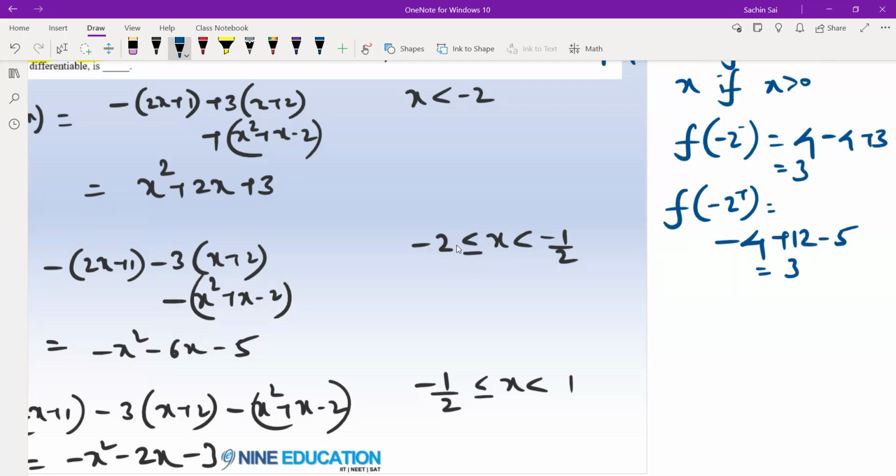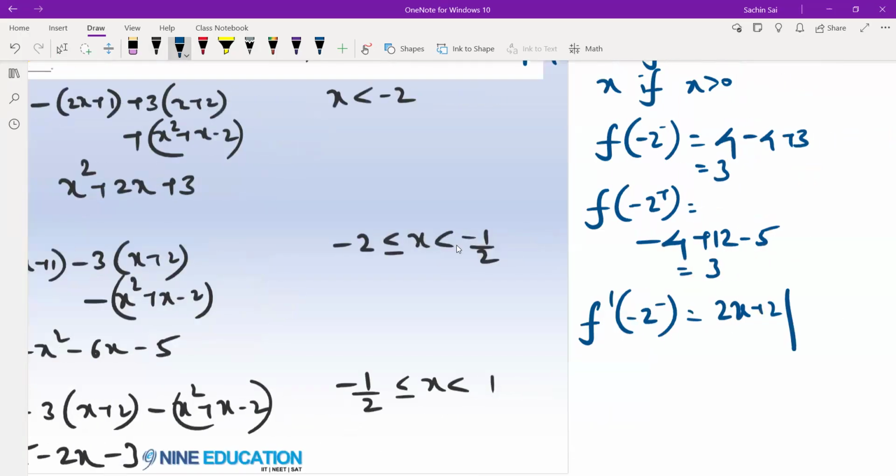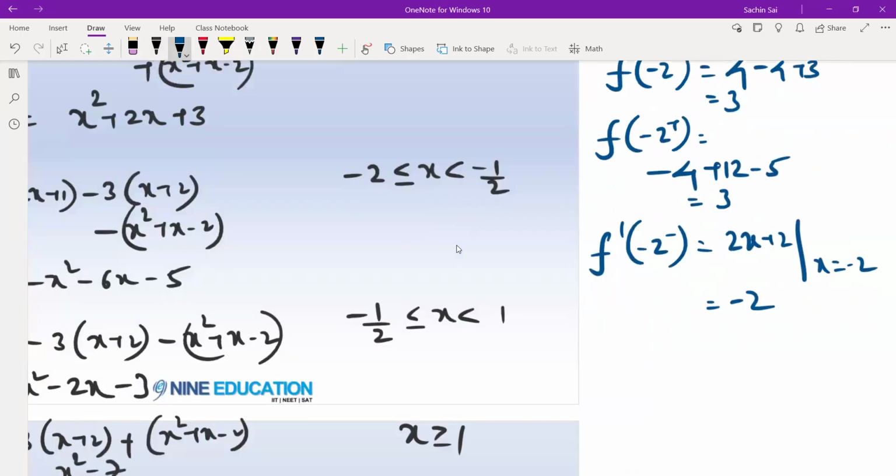Now we have to check for differentiability. So f dash of minus 2 minus is 2x plus 2 at x equals minus 2. So this is nothing but minus 2. And f dash of minus 2 plus is minus 2x minus 6 at x equals minus 2.